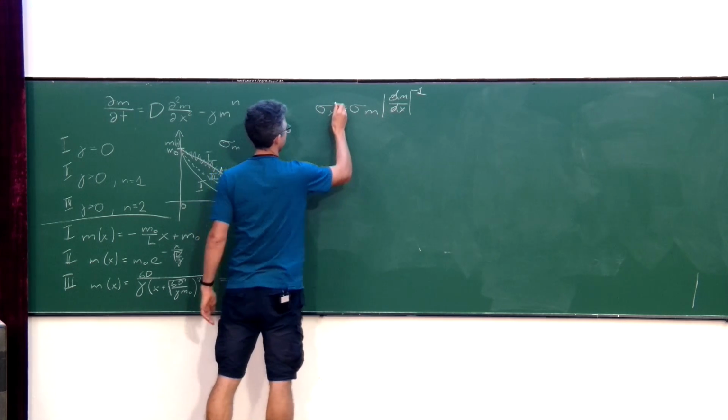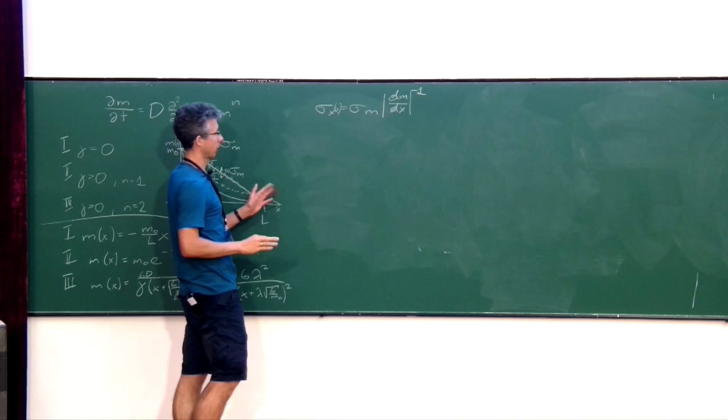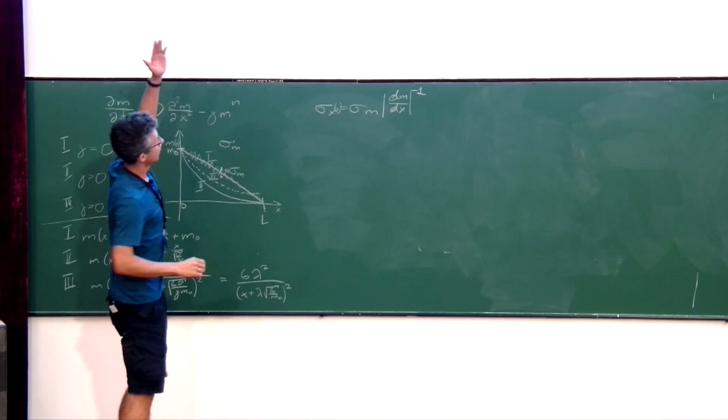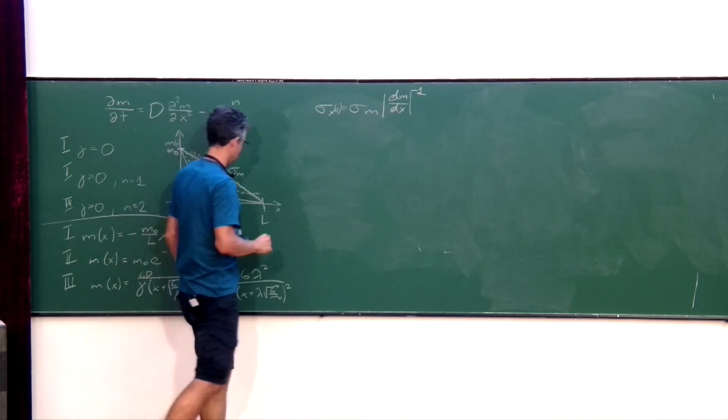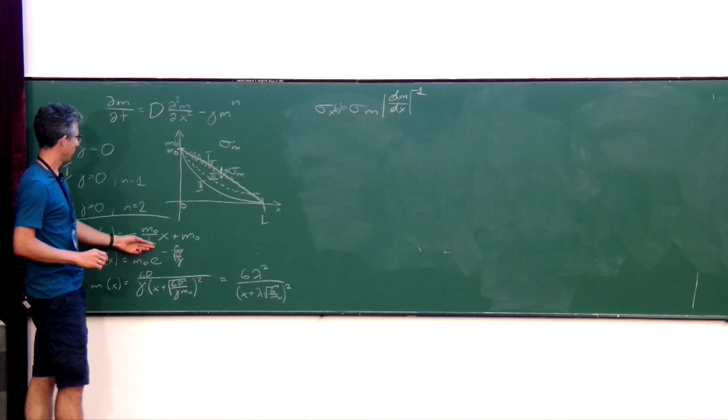And this depends on your position. This is the positional error for a single concentration gradient.